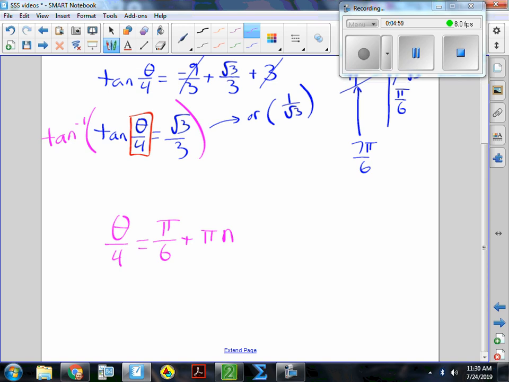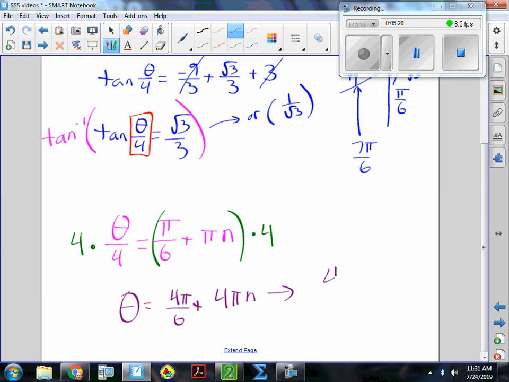Instead of dividing by 4, like we've done in the past, we're going to multiply both sides by 4. And so I wind up with theta equals 4 pi over 6 plus 4 pi n. So if I let n equal anything besides 0, I'm going to be outside of the domain from 0 to 2 pi. So in this case, my answer is just going to be 4 pi over 6, or in simplified, 2 pi over 3.